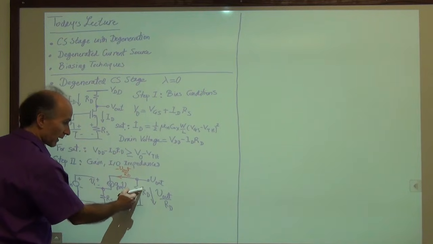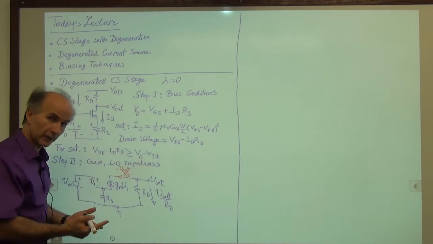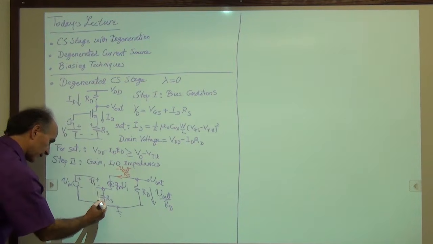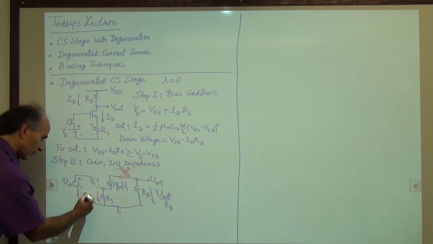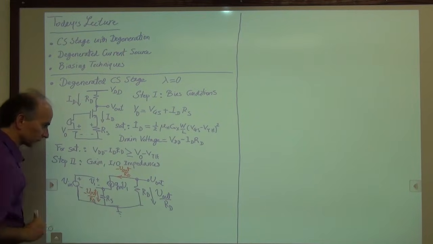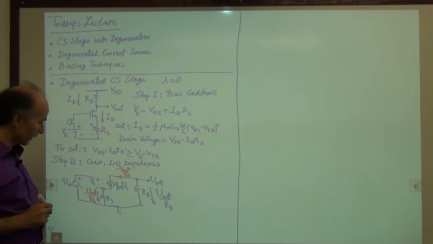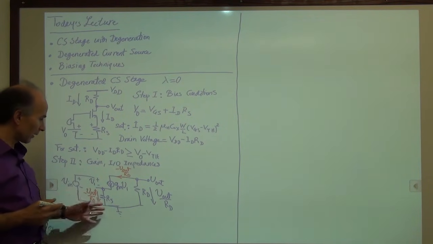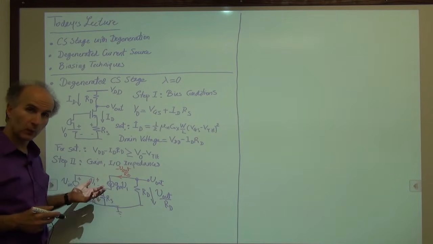So if I assume the current through RD is V out over RD, not minus V out over RD, right? So we see that this current downward is also equal to minus V out over RD. All right. Okay. So now we have plenty of results to work with and to eliminate V1.